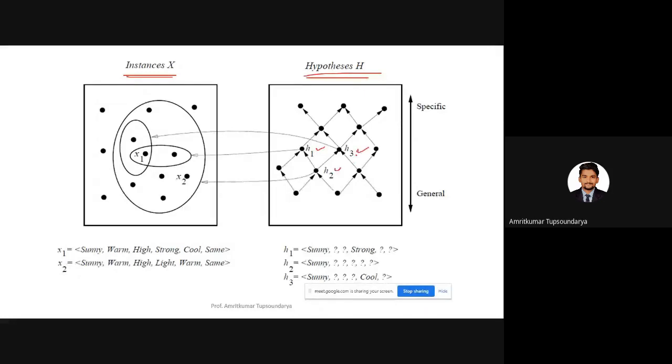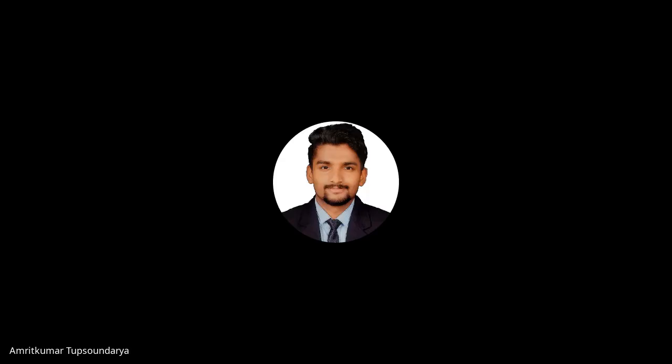So we have these three hypotheses here, and you can see that the box on the left represents the set of all instances, and this box on the right denotes the set of all the hypotheses denoted by capital H. So each hypothesis corresponds to some subset of X, right? The subset of instances that is classified as positive.